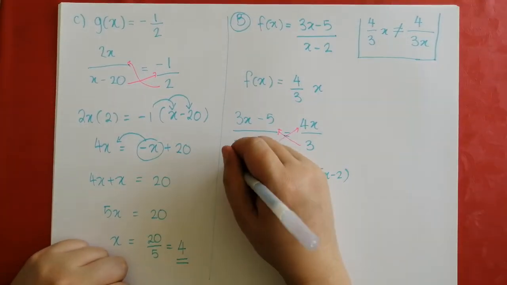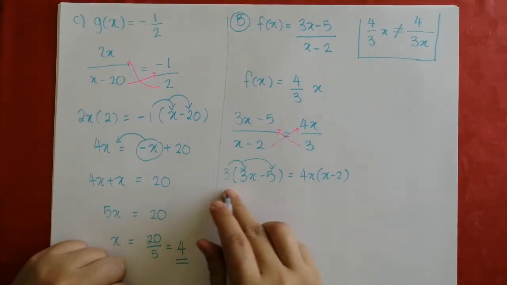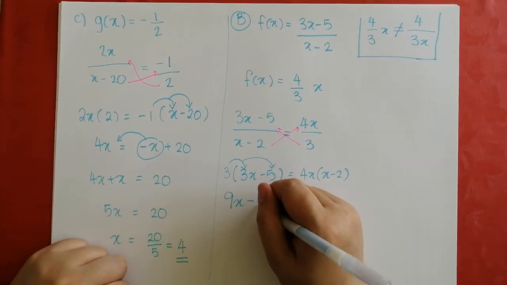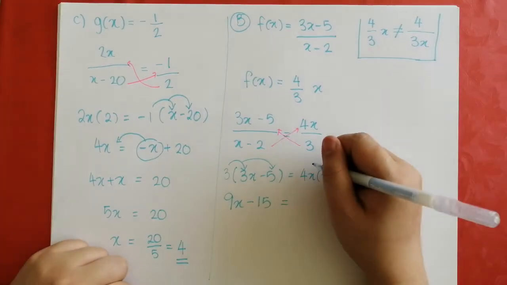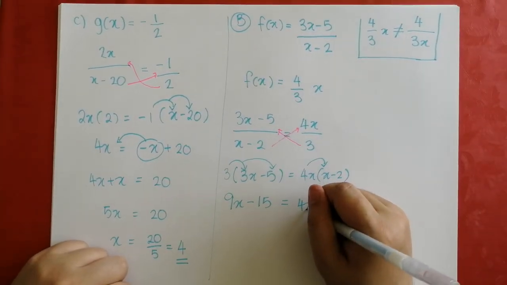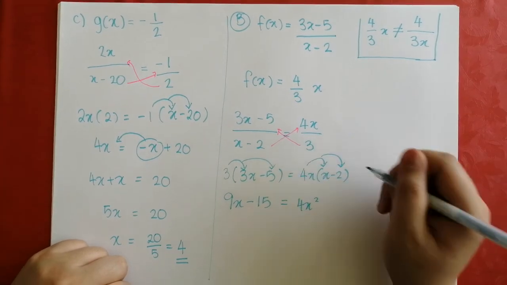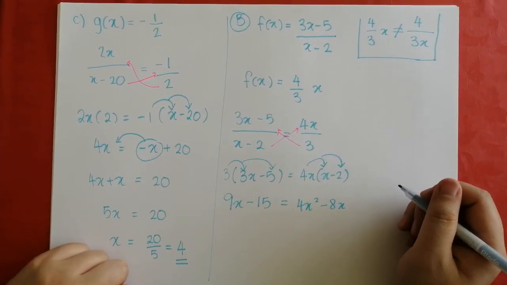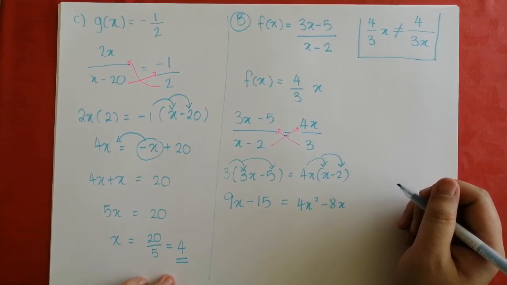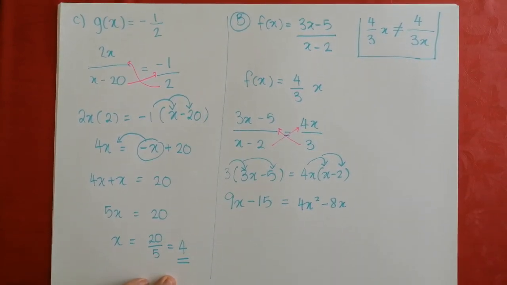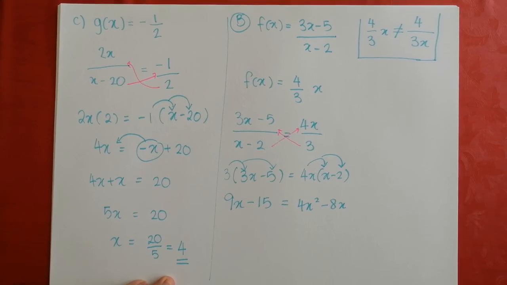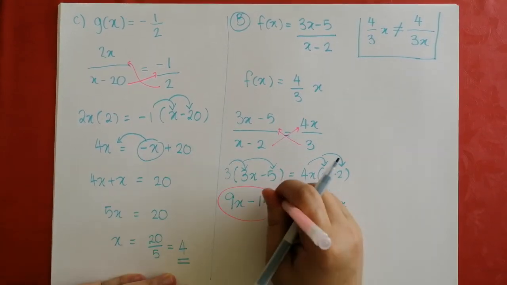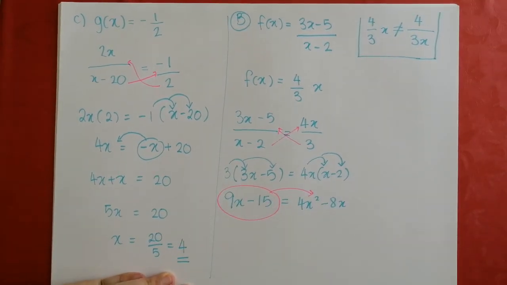Let's expand. 3 times 3x gives you 9x. 3 times negative 5 is negative 15, equals 4x times x, 4x squared. 4x times negative 2 gives you negative 8x. From there, we need to bring everything to one side and equate it to 0, then we can solve it.